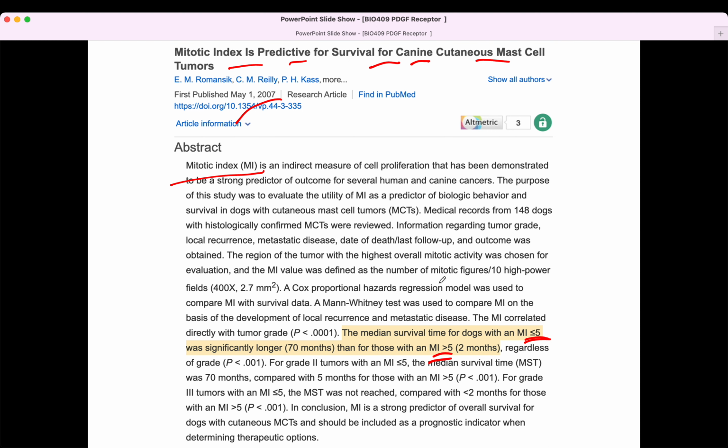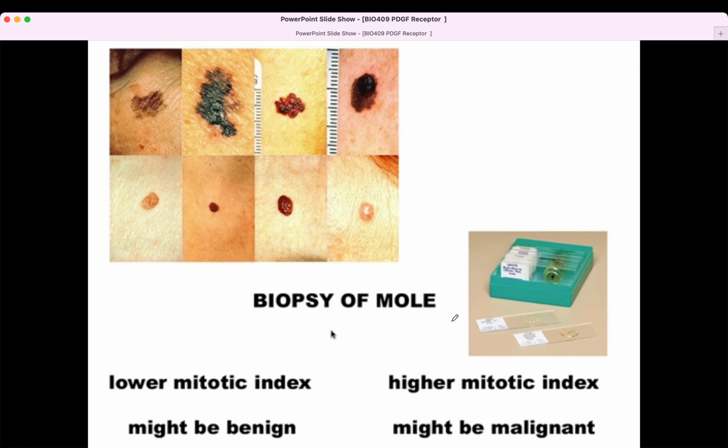When somebody gets an endoscopy, anywhere in our body. And so this is just a good example here when dogs had a relatively lower mitotic index, below 5. They lived for a few years. Above it, they lived for a couple of months, like that. Okay, and there's a lot of data on that in humans as well.